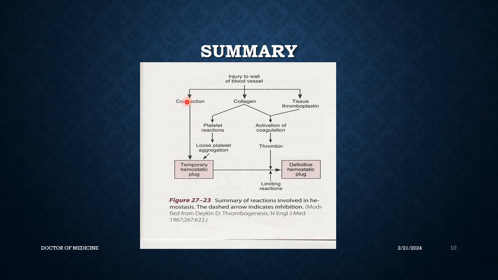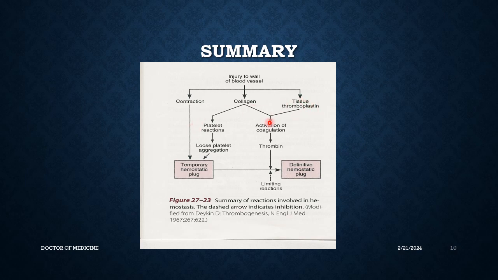The blood vessel is going to contract, what we call vasoconstriction. So the muscle layer, the smooth muscle layer within the walls of the blood vessel is going to be activated and results in vasoconstriction to stop the loss of blood through the injury site. Another thing that we find is the release of tissue thromboplastin from the underlying tissues.